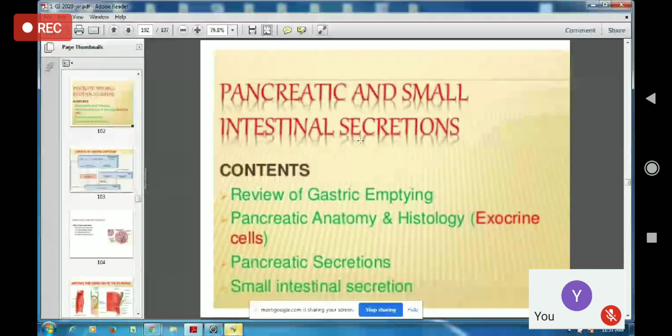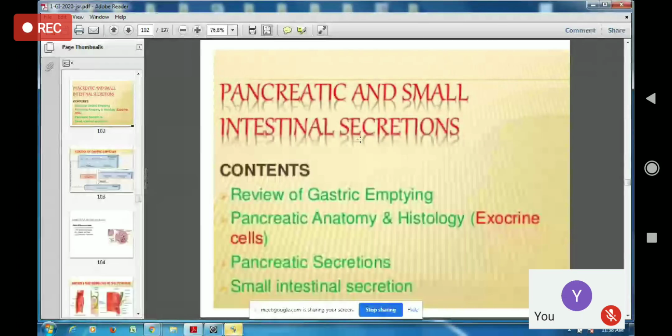Once the lower esophageal sphincter is closed and the food reaches the stomach, from the parietal cell HCl is secreted, intrinsic factor is secreted, pepsinogen is secreted, all these things. The pyloric sphincter at that time is not open, it is closed. As the stomach gets filled, the function of the stomach is to act as a reservoir of food.